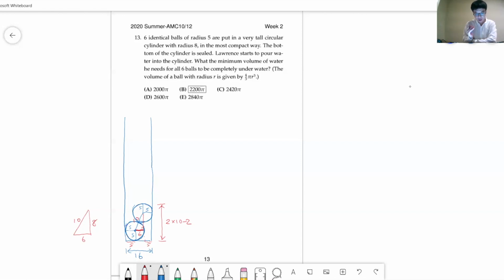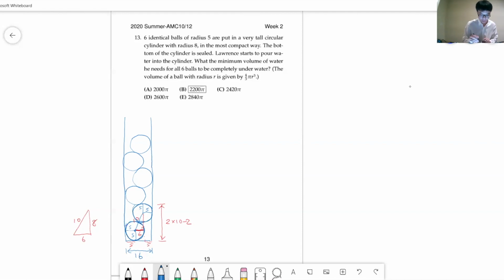Now we have 6 balls. So we can keep doing this picture. This is 3, this is 4, this is 5. This is 6. So for any two adjacent balls, the height is decreased by 2.